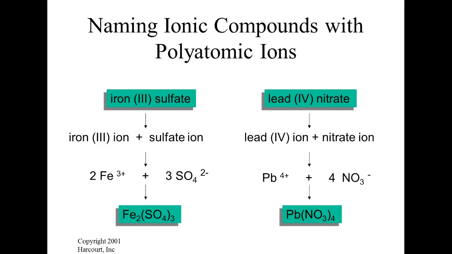So when you have polyatomics that you need more than one of, you got to put it in parentheses so we can see how many you need. Same thing here. This has a 4+ charge for this lead, and this chunk has a -1 charge. So if I swap the charges, I'm going to put a 4 on that chunk, and I better say that I need 4 of them. So put this whole chunk in parentheses and say, hey, I need 4 of those chunks.